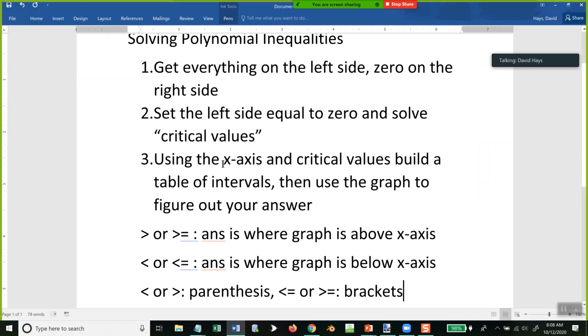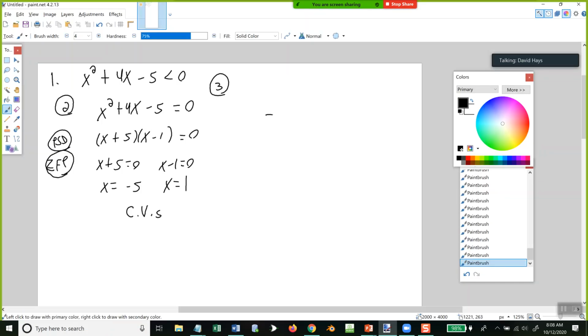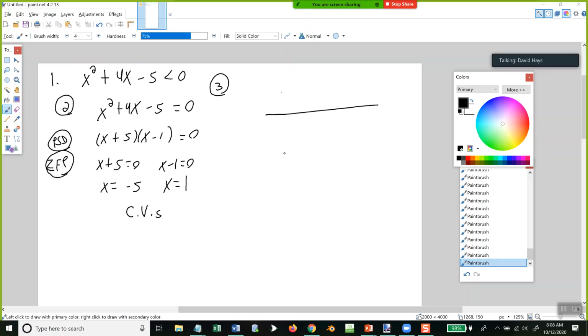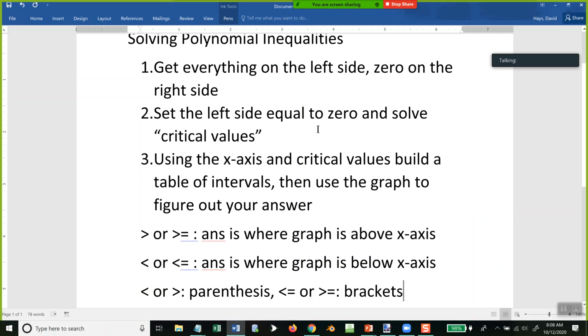Step 3, using the x-axis. Here would be the x-axis. The critical values. Here's negative 5. Here's positive 1. Using the x-axis and critical values, build a table of intervals.